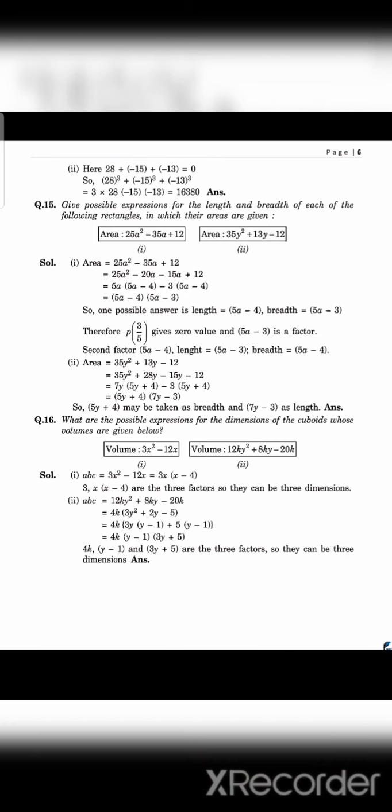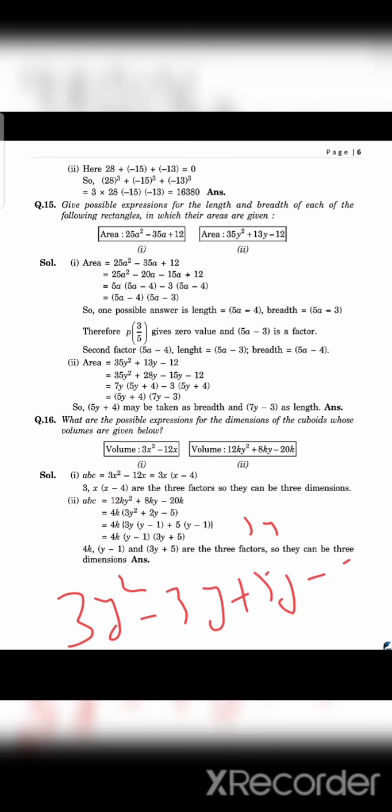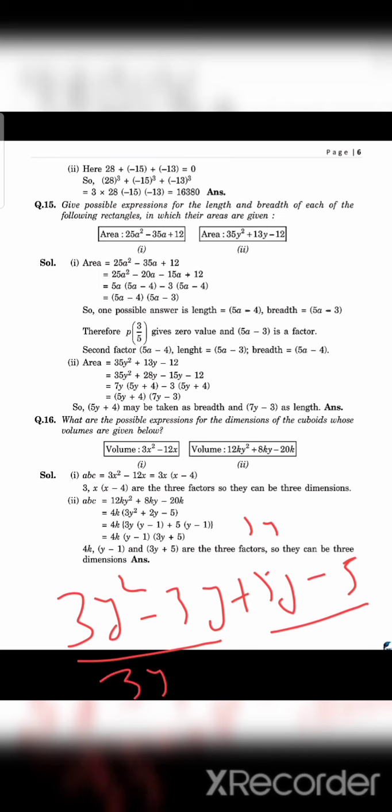So we write the polynomial as 3y square minus 3y plus 5y minus 5. Now we make pairs: these two terms are the first pair and the last two are the second pair. From the first pair we take out 3y, and we get the bracket y minus 1, and from the last pair we take out plus 5, and we get the rest bracket y minus 1.